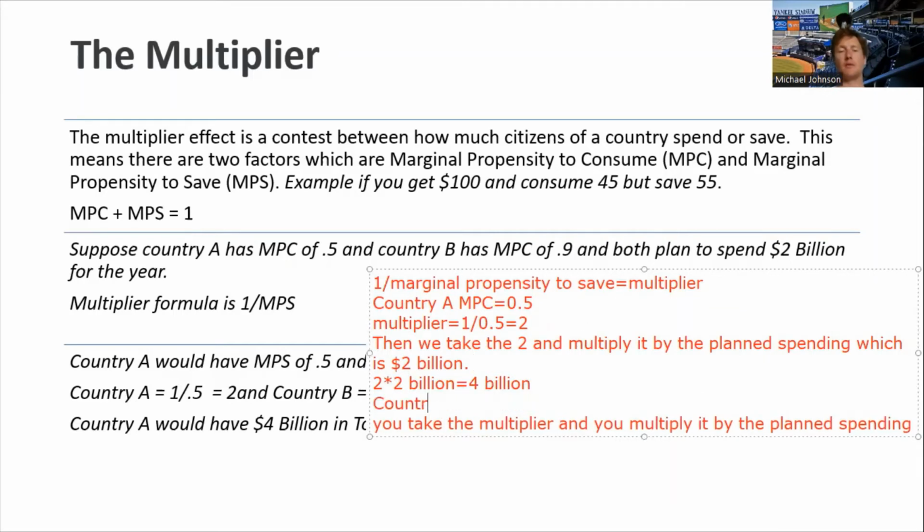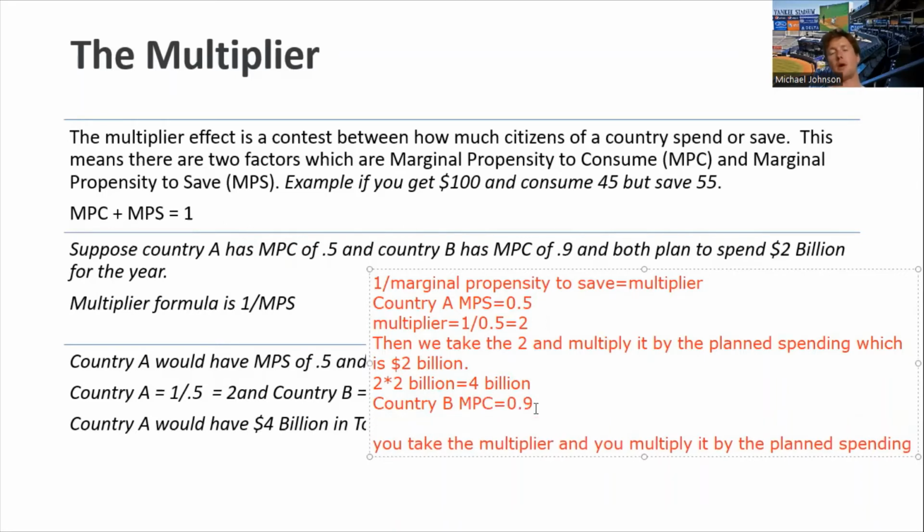Then country B. Sorry, I mean MPS for the first country was 0.5. Country B's MPC is 0.9, so we want to find the MPS of country B. We take 1 minus MPC, so 1 minus 0.9 equals 0.1.